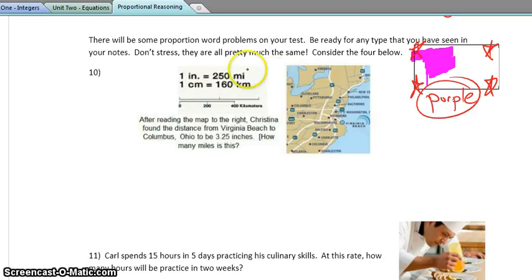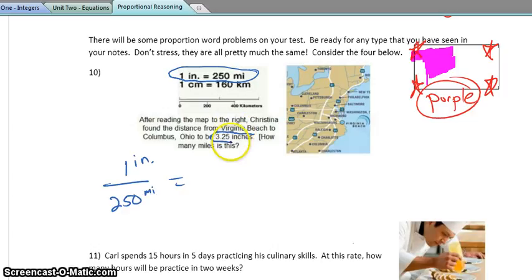Okay. If you've read this problem here, which I'm assuming you have, take that thing, and it's always a good idea to label and make our first ratio. Set that equal to, well, I got 3.25 inches. Inches started on the top, so inches are going to stay on the top. How many miles?